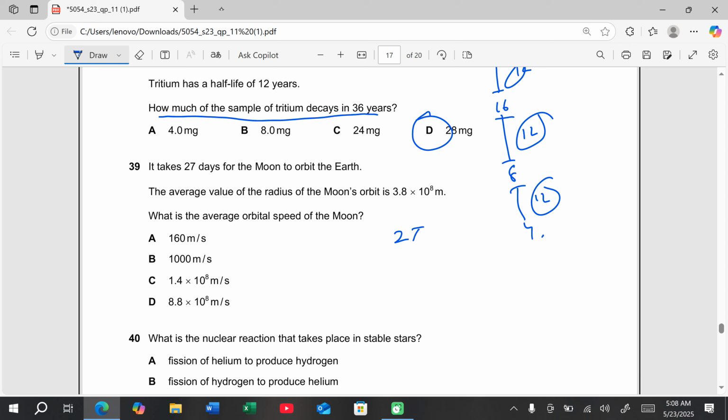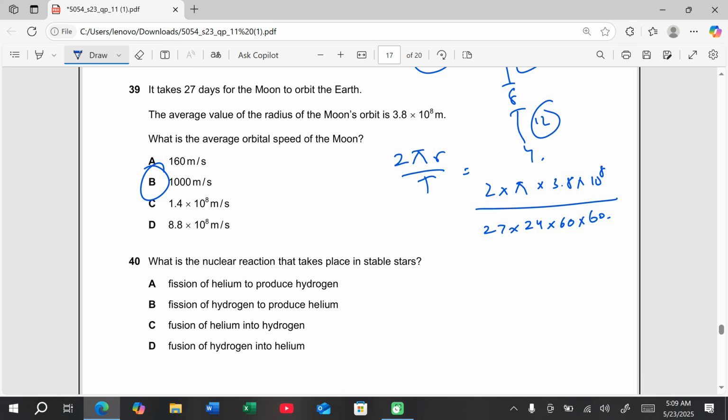It is going to be 2πr over T. It says 27 days, so you use 2 times π times 3.8 times 10 to the power of 8 divided by 27 times 24 hours, 60 minutes in an hour and 60 seconds, converting it all. Let's use my calculator. We get 30,000 as the answer.